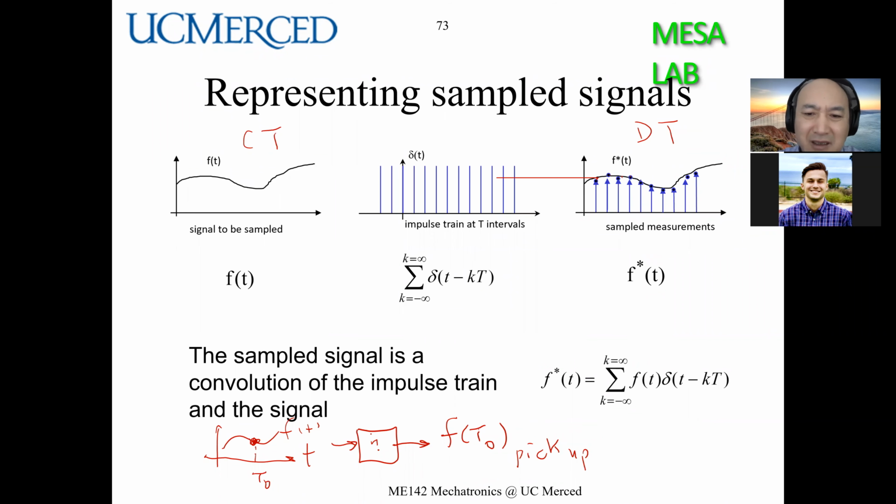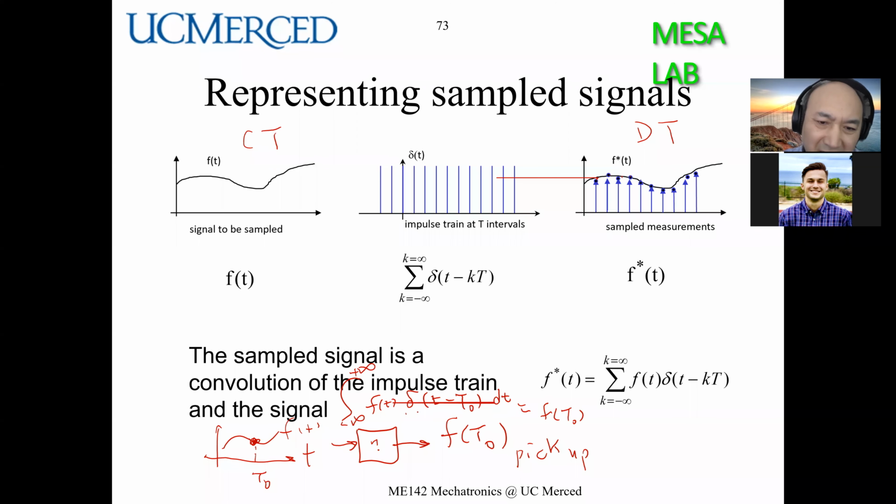I told you that it's possible because if I say my output here is the integral of f(t) delta(t minus t0) dt, from minus infinity to positive infinity, that will give you f(t0), right?